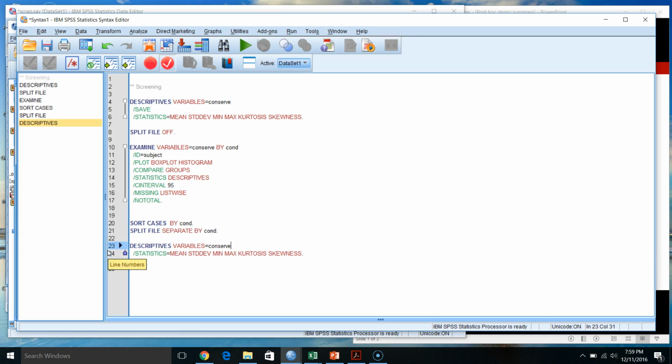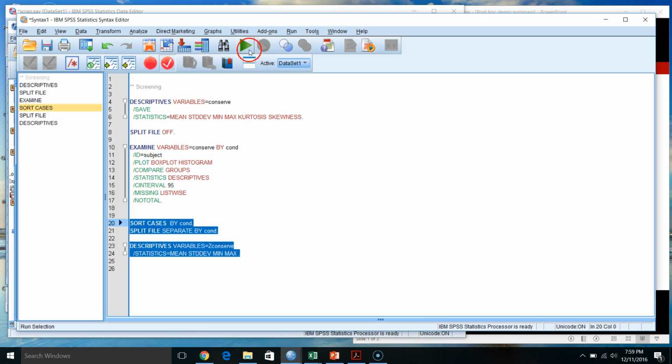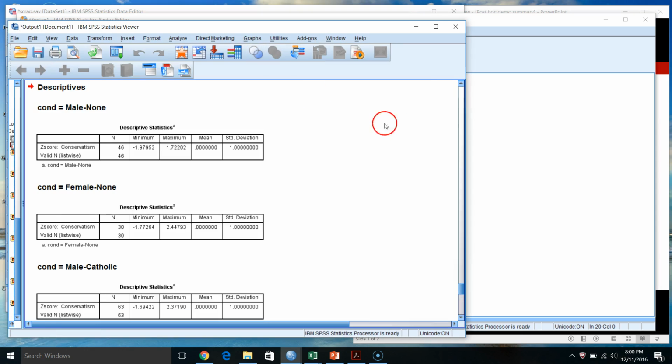We don't need to save any z values here. We know that SPSS will label our z-scores as just z conservative, and we don't need skew kurtosis for this, so we'll drop that out. And so again, just looking at our z-scores here to see if anything pops up, although based on our graphs, it doesn't look like anything should be too bad.